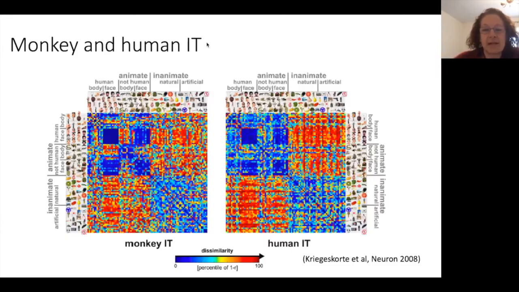And he got a similarity matrix like the one on the left. That is derived from single-cell recording in monkeys. Then, using the very same stimuli given to humans in a functional imaging experiment, and also building an RDM, what you see is that they're very, very similar in terms of structure, even though you're going across species and across methods.